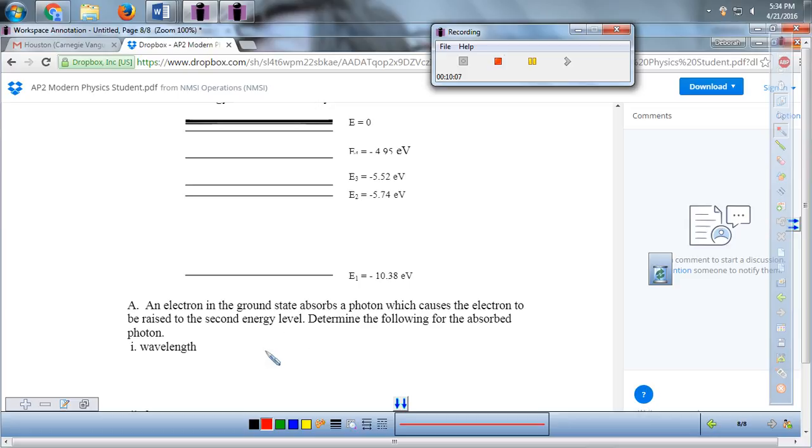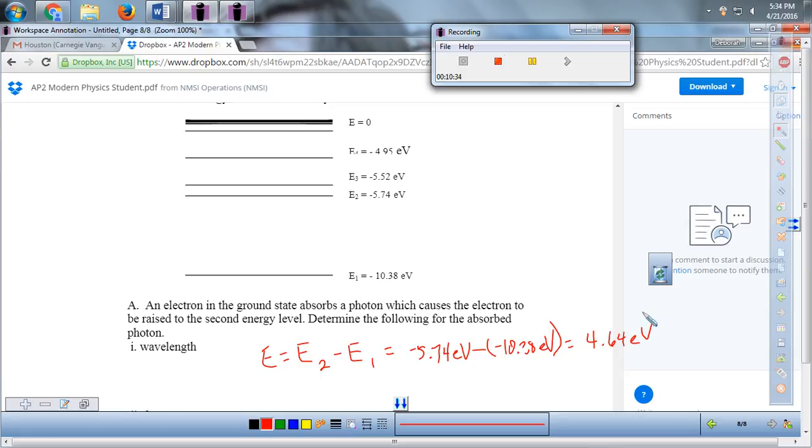So we wanted the wavelength, so I said, well, E is equal to E2 minus E1. That'll be the energy of the photon. All right, so E2 is negative 5.74 electron volts minus my negative 10.38. So when I did that math, I got 4.64 electron volts.